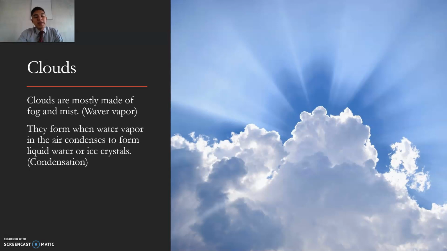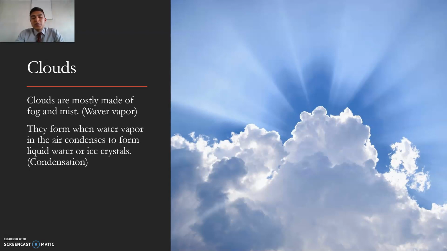So we already studied the water cycle. So after the water is evaporated and it goes right at the top of the atmosphere, then it is going to cool down because remember that the higher you go, the colder temperatures you are going to find.